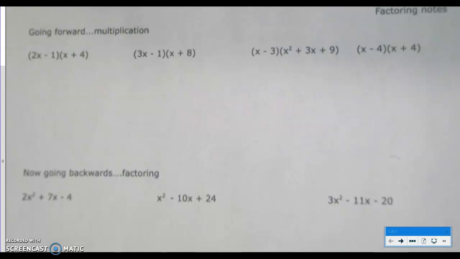The only thing I will tell you is you need a strategy that is algebraic. Meaning if you have been relying on Desmos or the graph to help you figure out what the factors are, you are going to start to struggle very quickly.